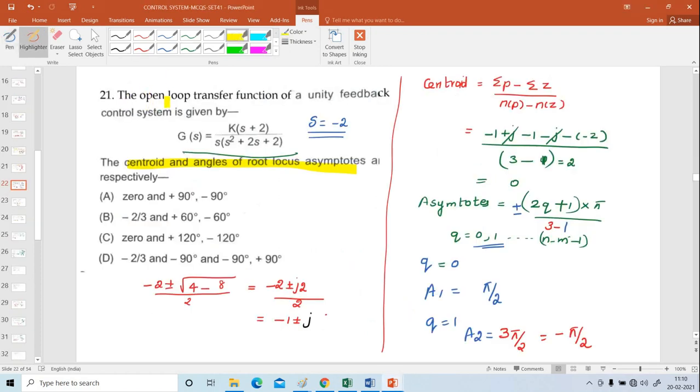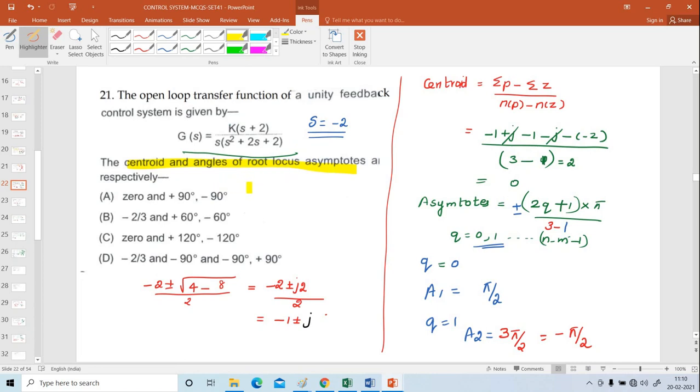Next problem. The open loop transfer function of a unity feedback control system is given by G of S equal to K into S plus 2 divided by S into S square plus 2S plus 2. The centroid and angles of root locus asymptote are respectively.